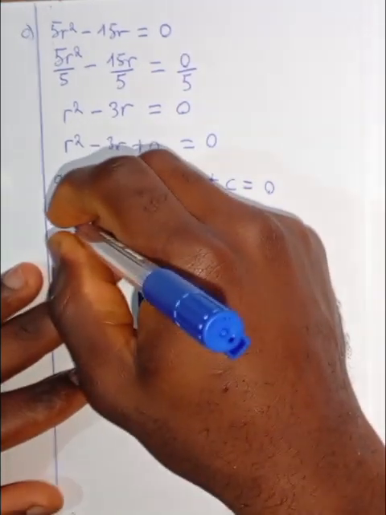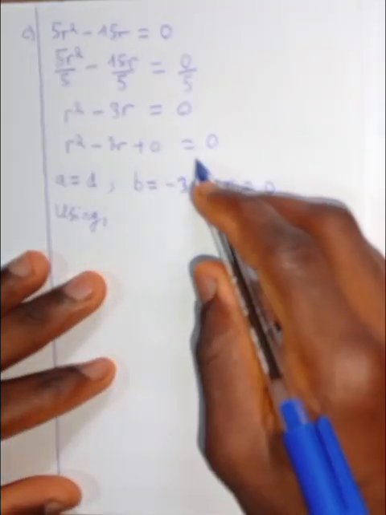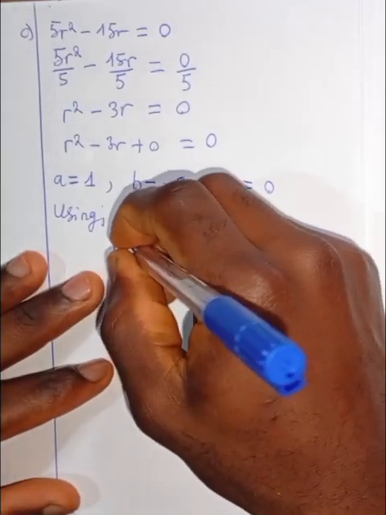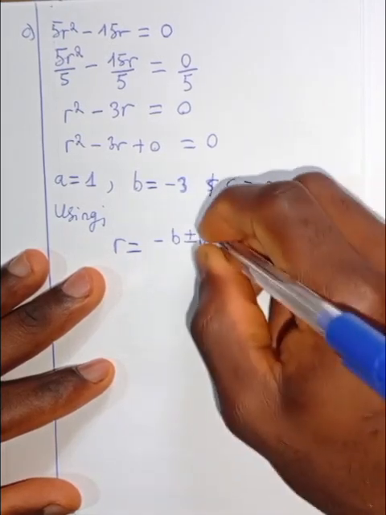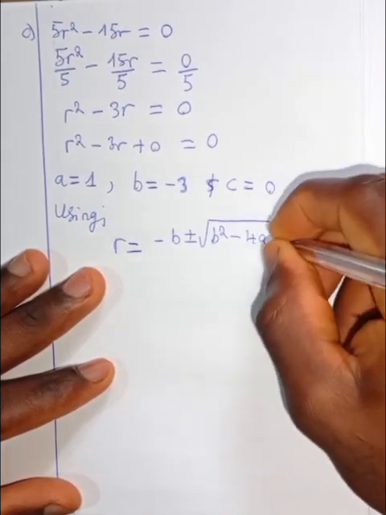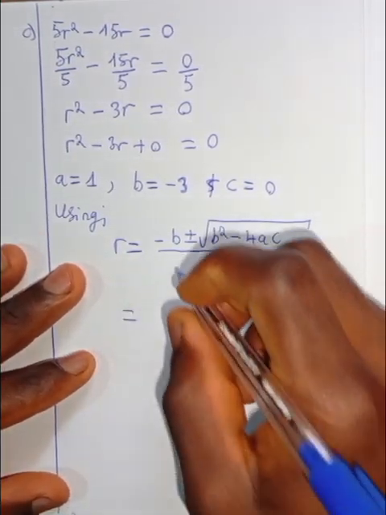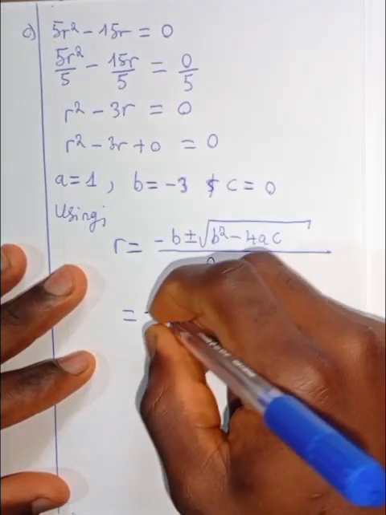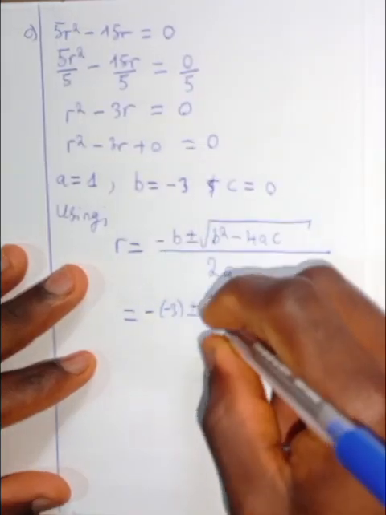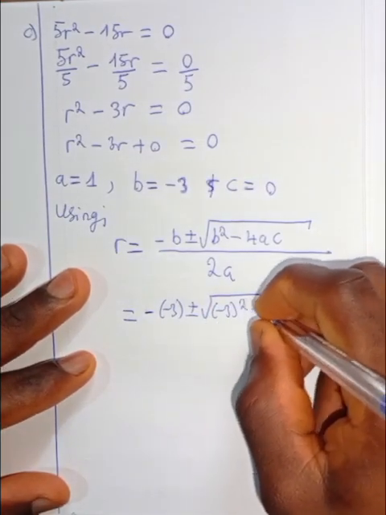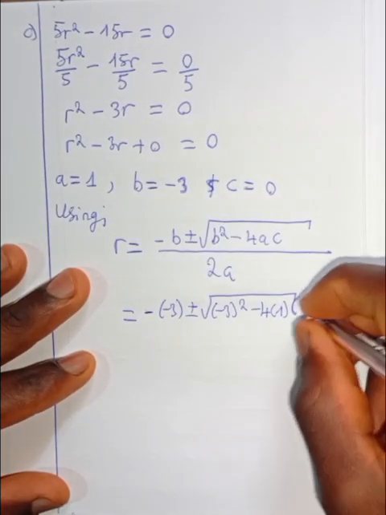So now, by using our quadratic formula, take note in this case, we are looking for r, not x. r will simply be equal to negative b plus or minus the square root of b squared minus 4ac all over 2a. This will simply be equal to negative, we know b is negative 3, plus or minus the square root of b squared, negative 3 squared, minus 4 times a, our a is 1, times our c, which is 0.